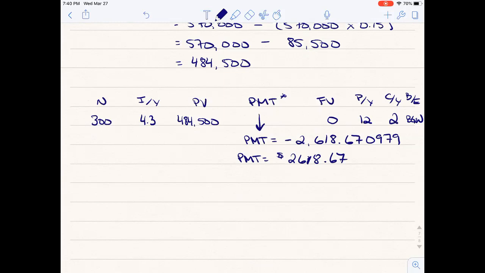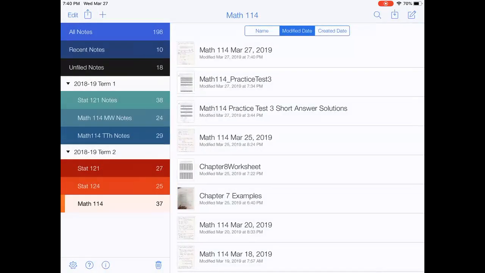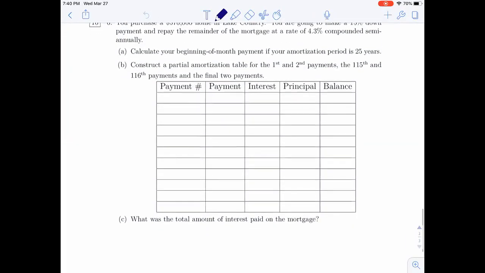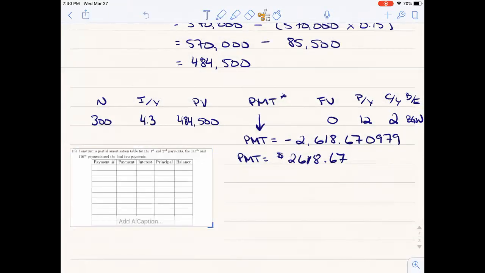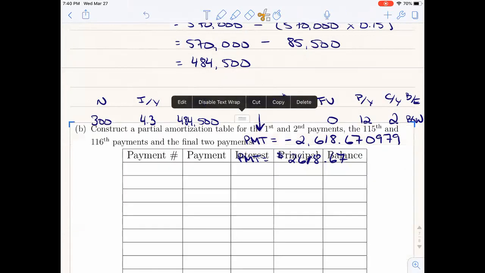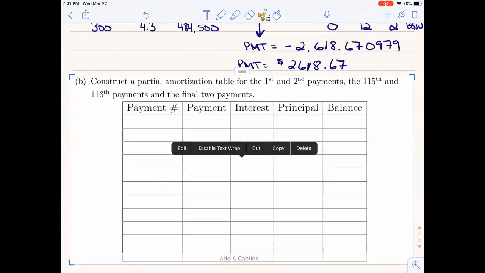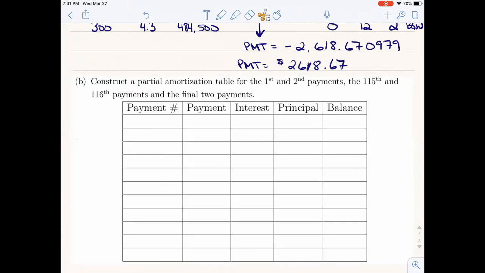Okay. So now we've calculated our payment amount, so now we can go in and fill in this table. I'll do part B. Construct a partial amortization table for the first and second payments, the 115th and 116th payment.